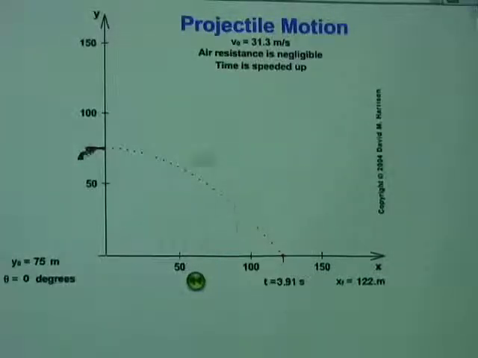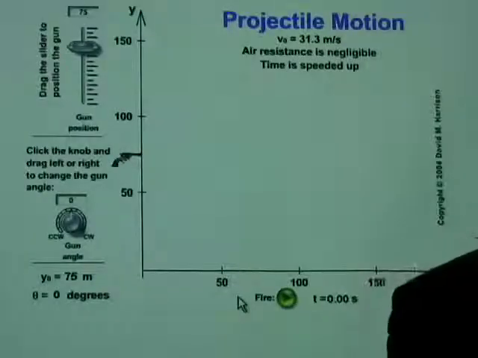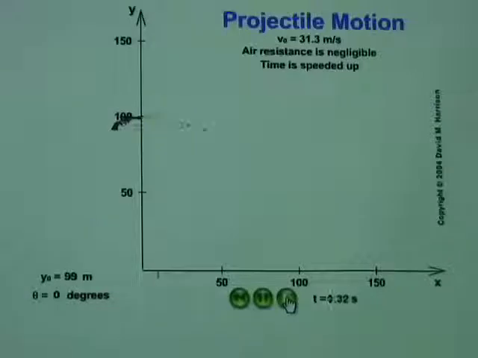Okay, I'm going to increase. Alright. I'm going to use the sliding control to raise the gun to say 100 meter, that is y0, and let's fire it now. Alright.